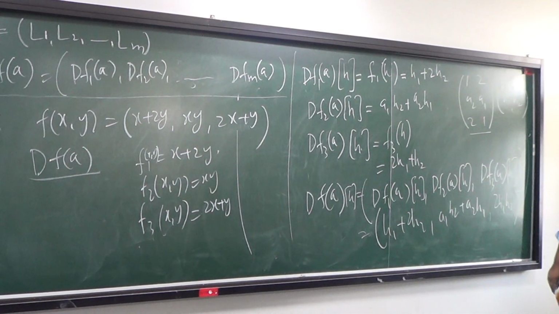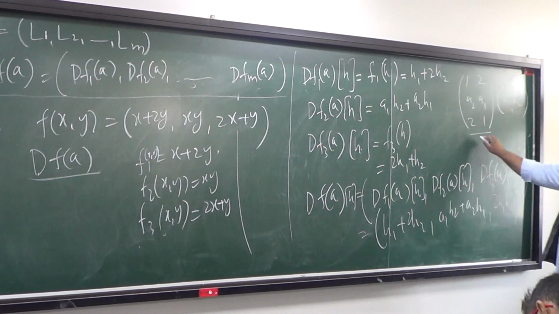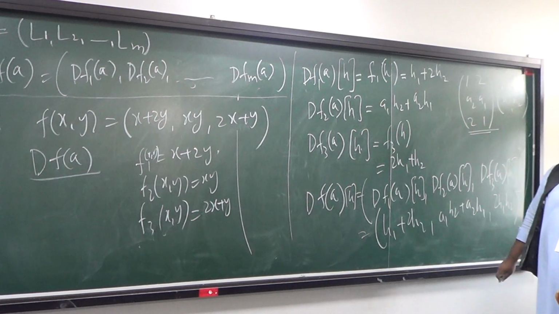Okay? Later on we will see how to compute this matrix directly, so you don't have to go into all these details. Just directly compute it, the way you compute the derivative of sine as cos, or of log as 1 over x. And this matrix has a name.